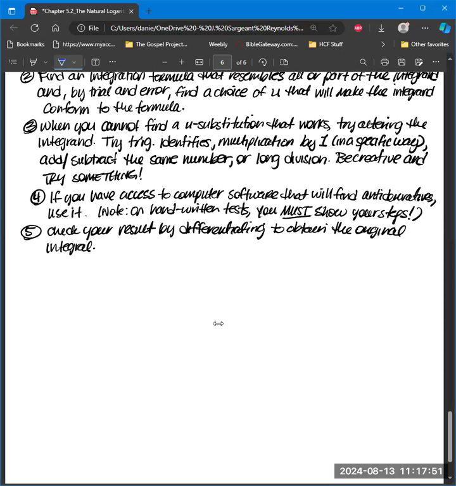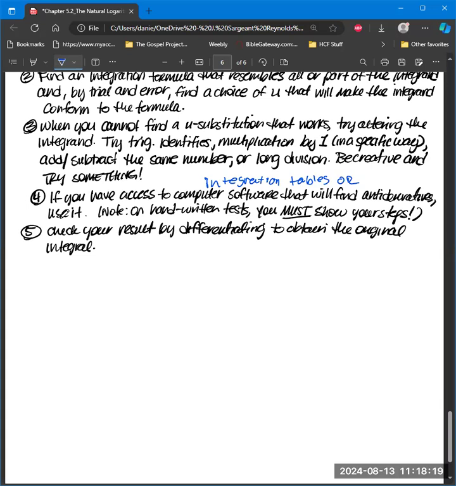If you get really stuck and need a little push in the right direction, either look at your integration tables that are in the back of your book, or computer algebra software that can find antiderivatives, go ahead and use it.